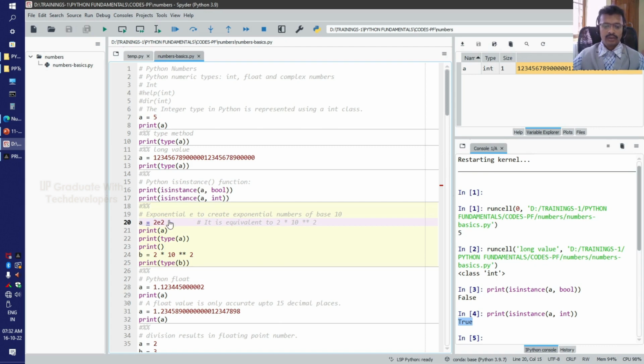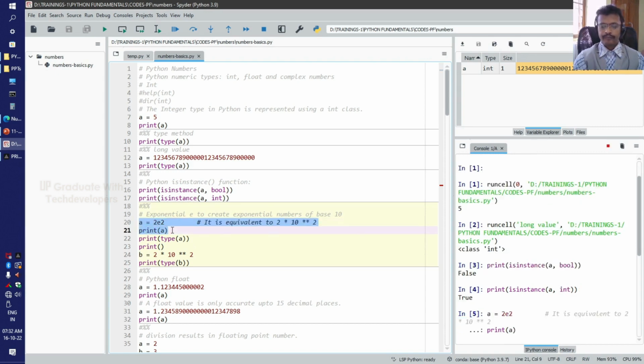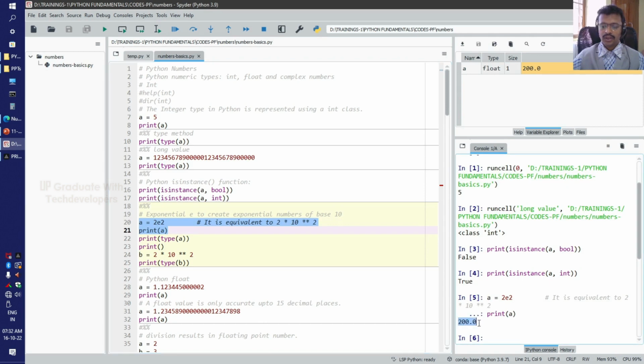Okay, so here I have created an exponential 2 into 10 to the power of 2 with exponential term e, and let us print this value. So here we got 200, and let me check the type of the value.